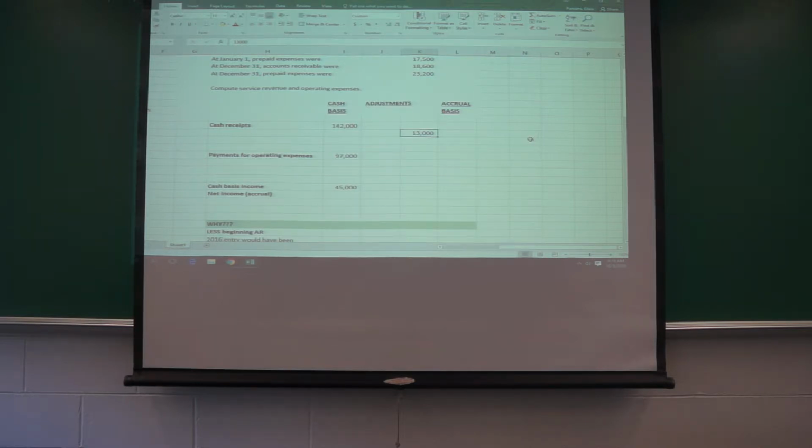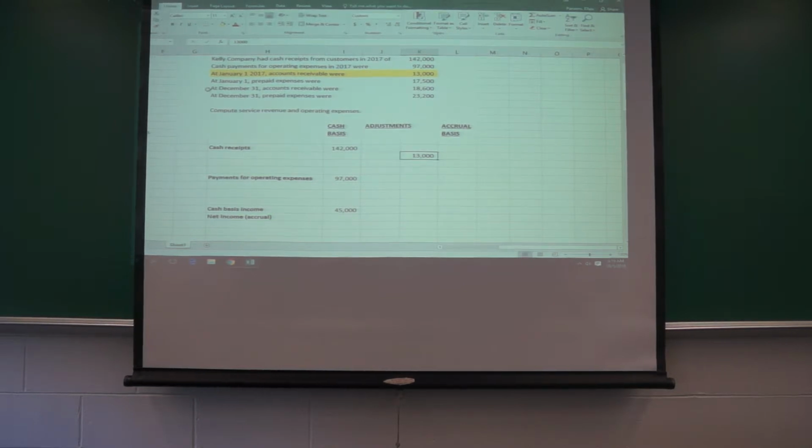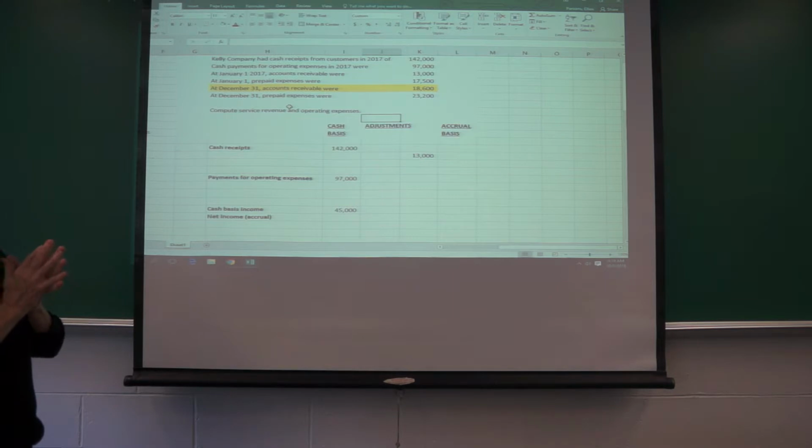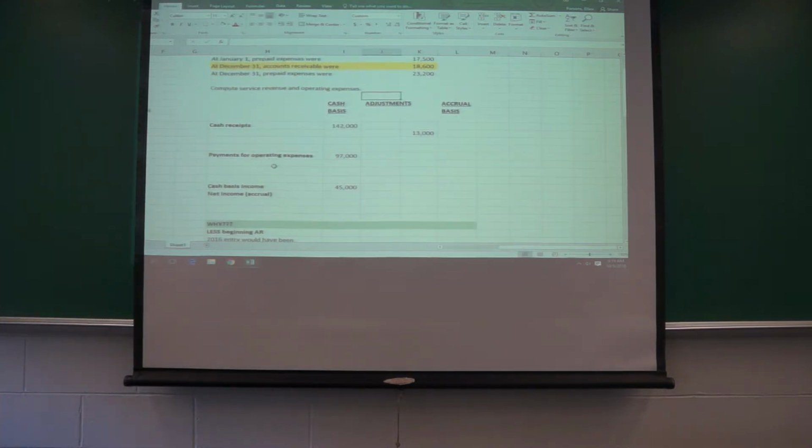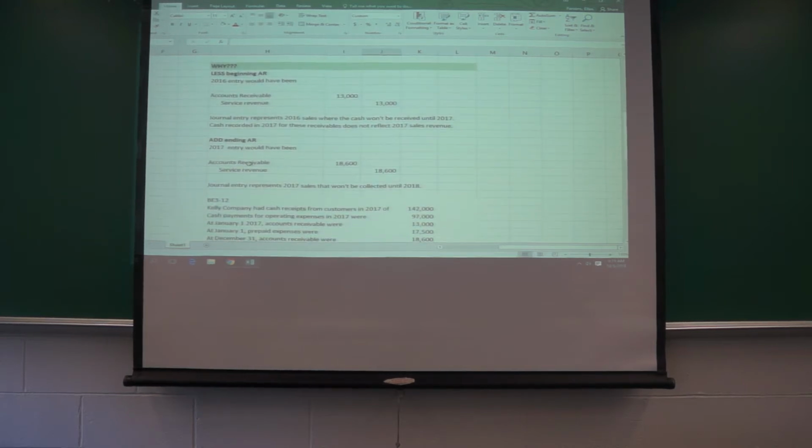Okay, and then we have to look at the December 31st accounts receivable. So this would be the journal entry that the company would have made at the end of 2017. And so this would be a case where you've booked accounts receivable and sales revenue for 2017, but the cash is not going to come in until next year. So if we look at that, we would have had $18,600 sales revenue, and so the cash won't come in until next year.